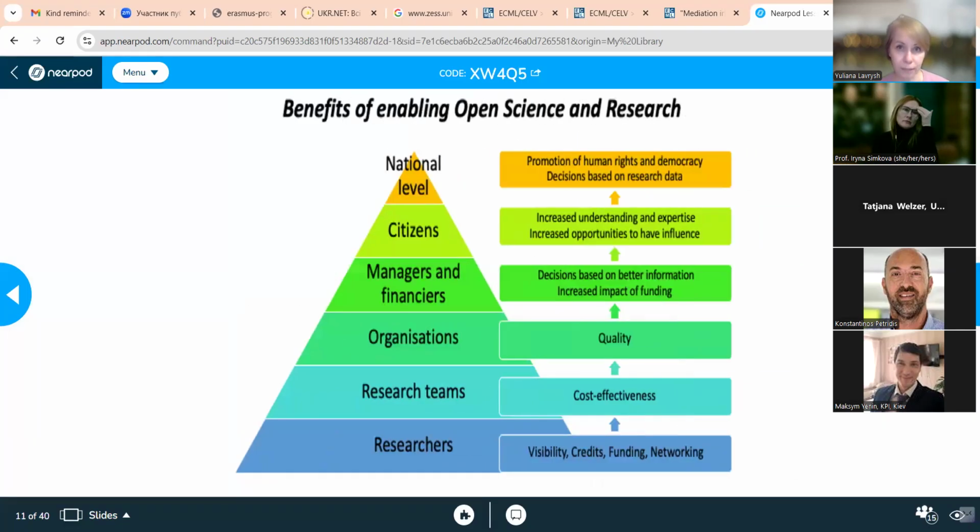So, benefits. I've mentioned some of these benefits for researchers, and here you can see this pyramid of benefits, not only for researchers, as we are, but for ordinary people, for countries, for governments, for citizens, even economic benefits. It's really important.